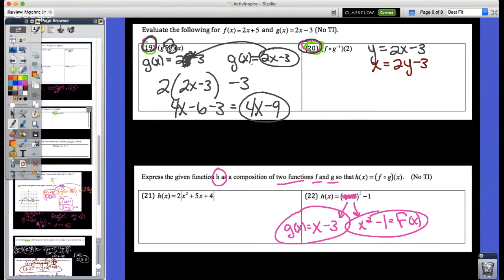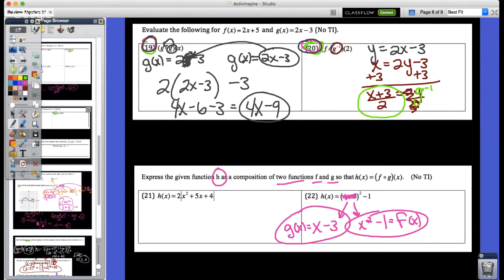So I'm going to add 3 to get x plus 3 is equal to 2y. I'll divide by 2. You might say, Coach, why'd you do that first? It's because you automatically saw that g to the negative 1 stands for our inverse. That's what we're trying to do, get that inverse. So this right here is g inverse.